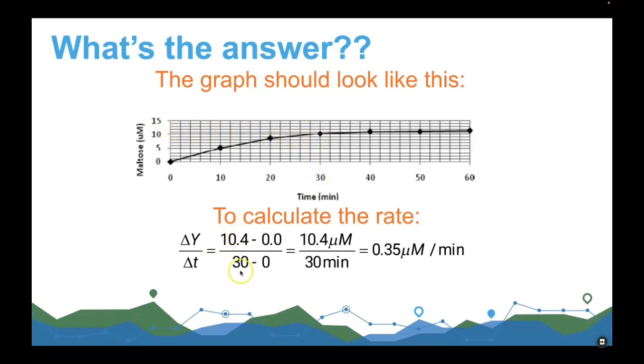So 10.4 here and 30. And then another value I chose was 0, so 0 over 0. Then you're going to subtract. Your y2 minus your y1 is 10.4, and your x2 minus your x1 is 30. Then you're going to divide that, and it's going to give you 0.35 micromolars per minute.